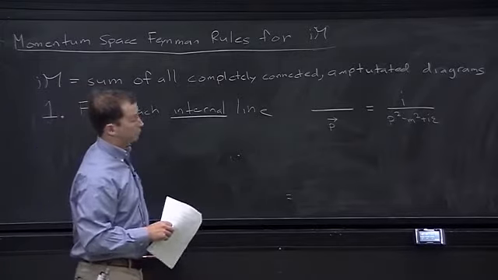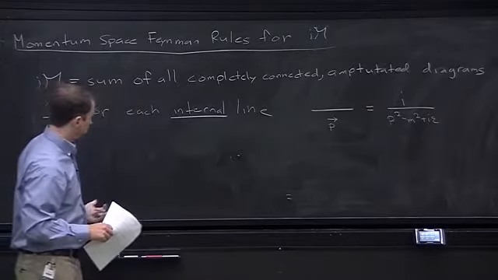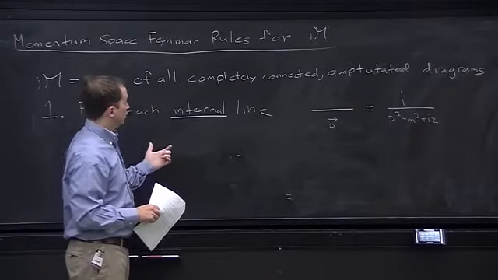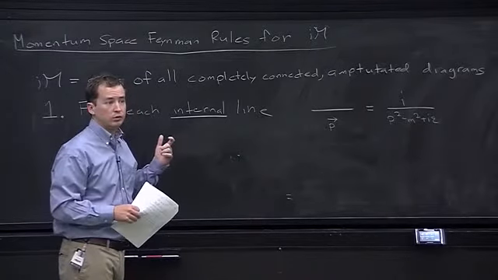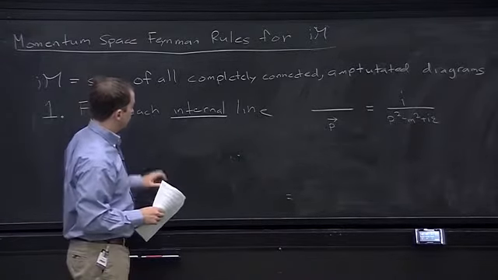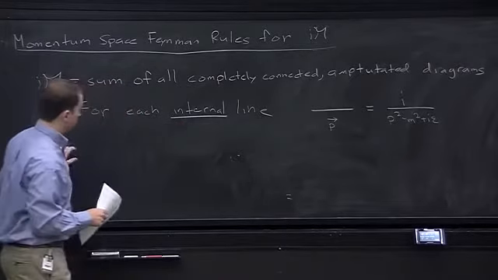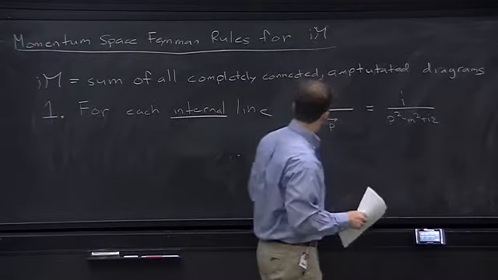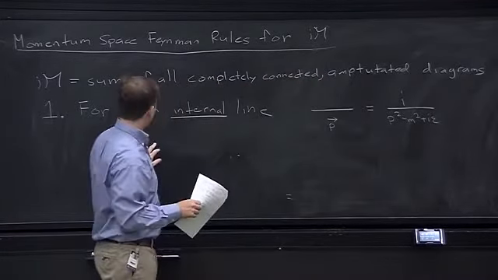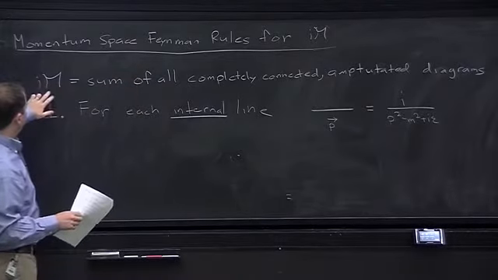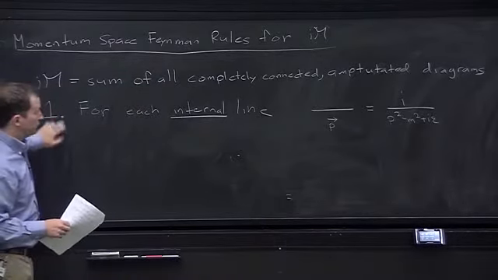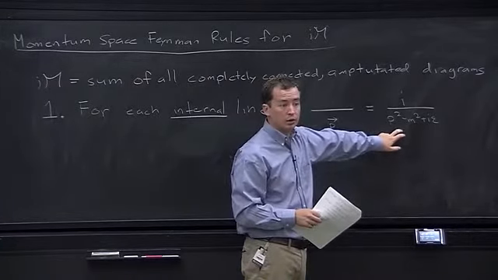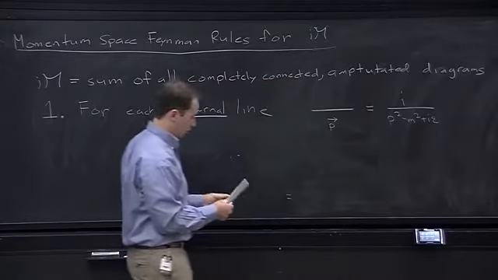In the LSZ reduction formula, we had Klein-Gordon operators, which basically remove the propagators to the external points. So all that's left over are the Feynman propagators for the internal lines. And the second point is that we're computing the matrix element in momentum space. So here what we have is the Fourier transform of the Feynman propagator.